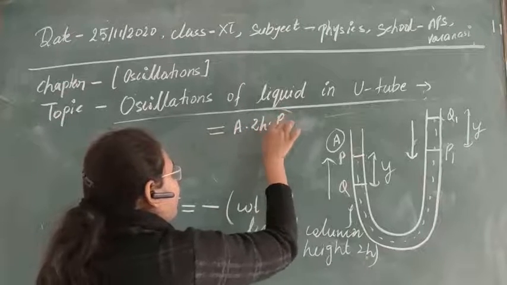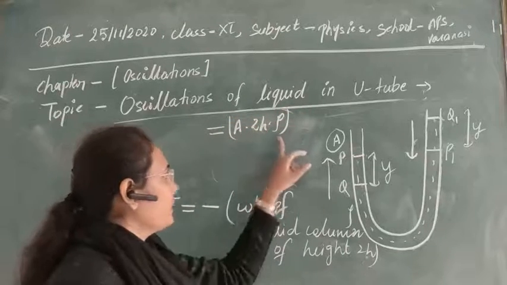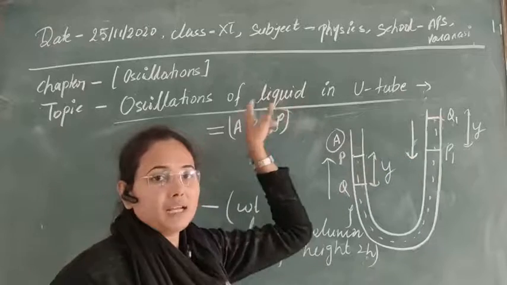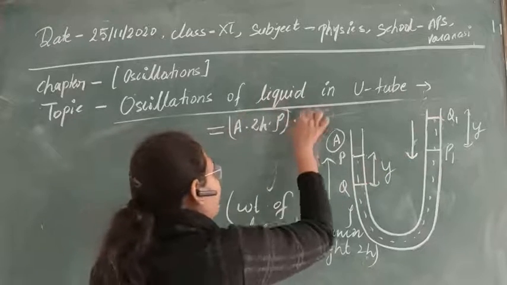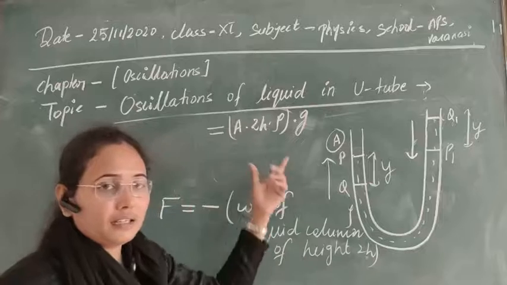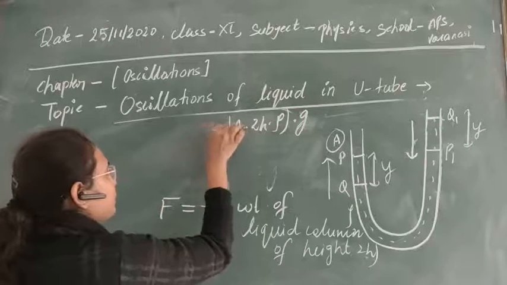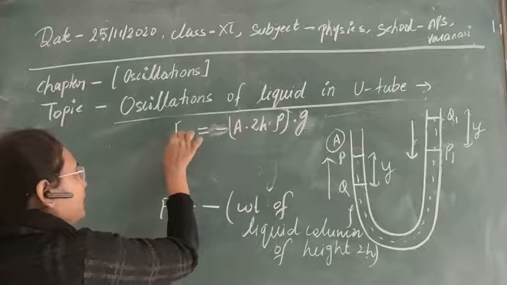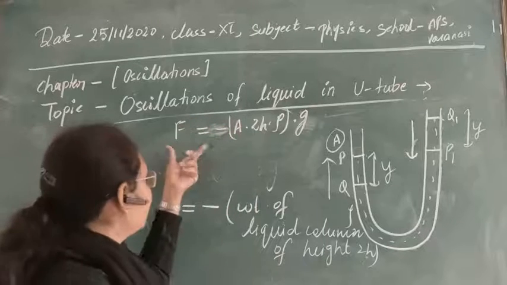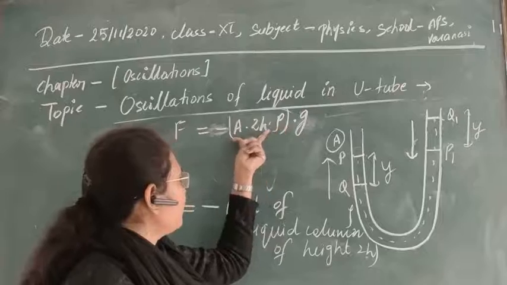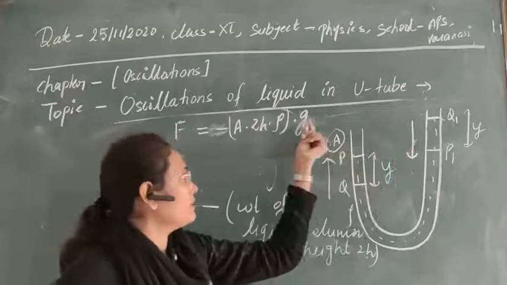If you multiply the density of the liquid by it, it will give us the mass of the liquid. And now if we multiply by gravity, it will give us the weight of the liquid column displaced due to 2h height. So finally, what is the restoring force obtained? That is equal to this value. This is the mass of the liquid column of 2h height. This is gravity.